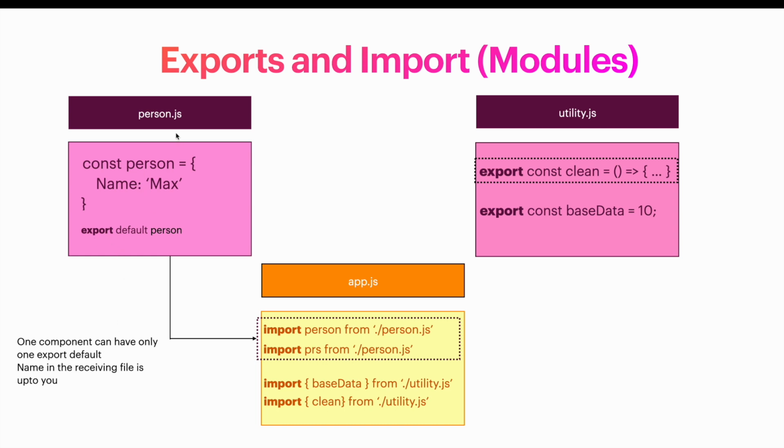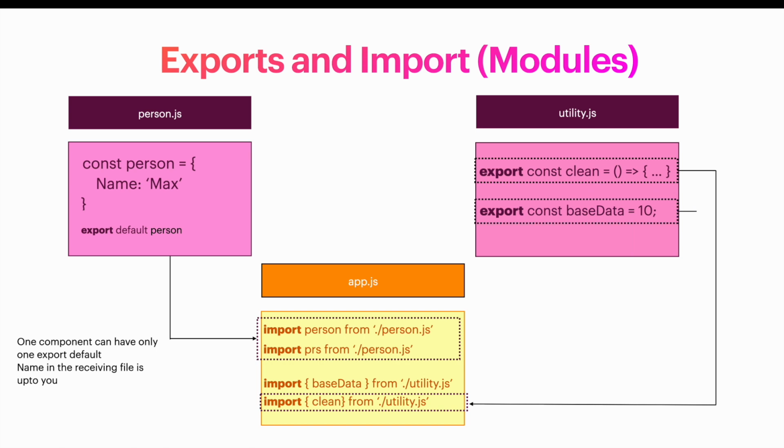As you can see here, the person.js file can only have a single default export, and if we have a default export, we can give any name inside our import statement. But this is not true for our named export, where we have to maintain the same name that we have in our export component. And the same goes for any variable: we have to maintain the same name in both the import and export statements.